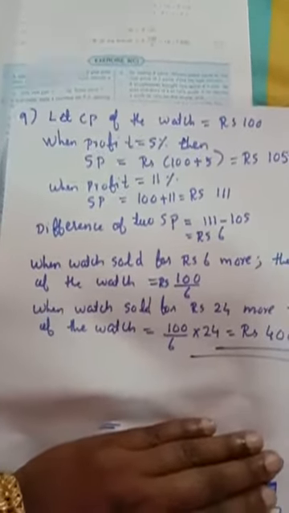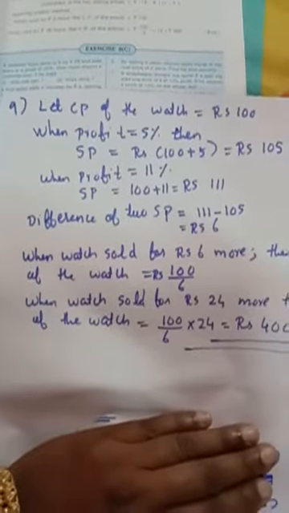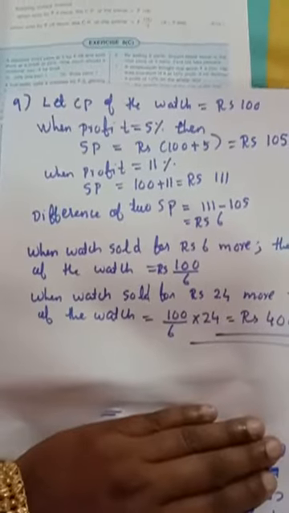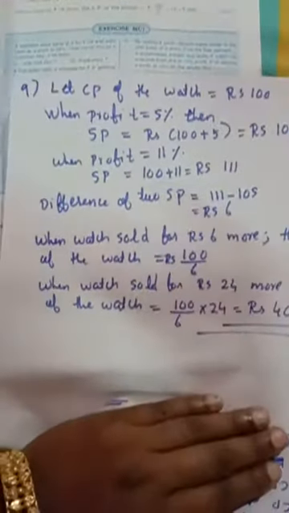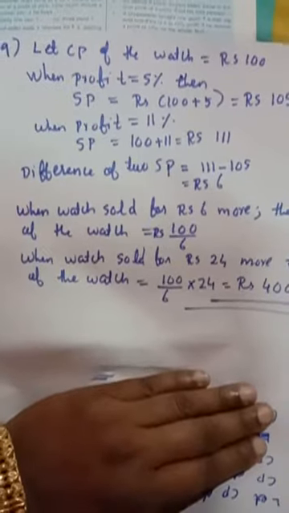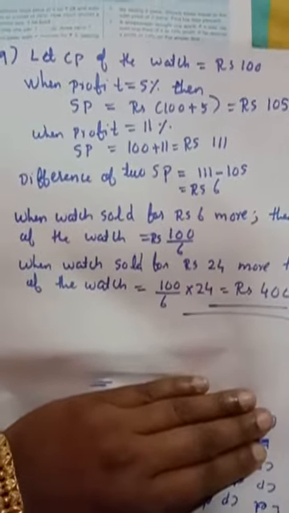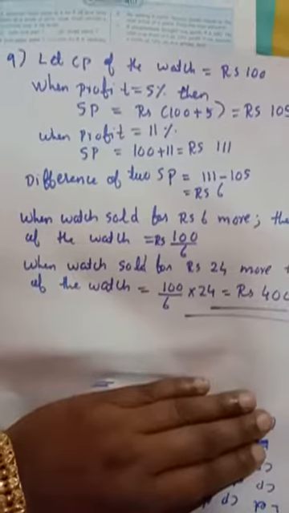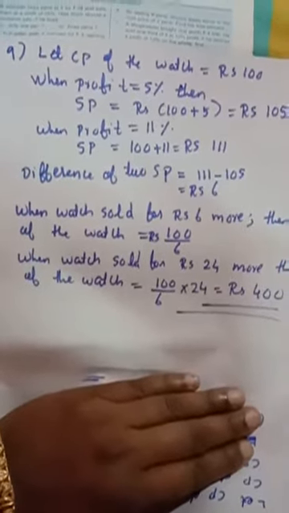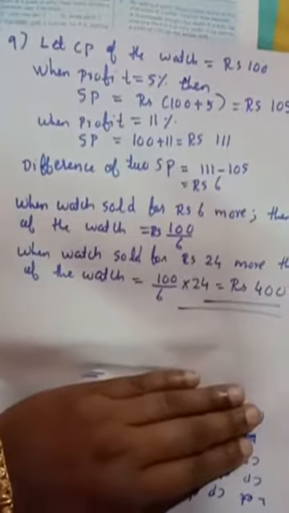If he sold the watch for 5% profit, then he sold it for 11% profit. We want to compare both the profits. And one more thing we want to find: if he increases the price of the watch by 24 rupees, what is the CP?